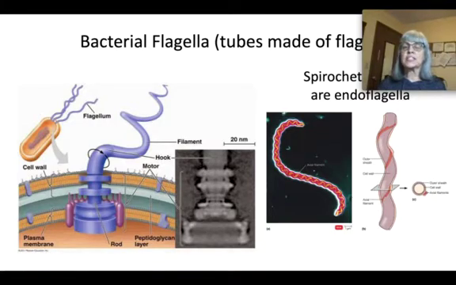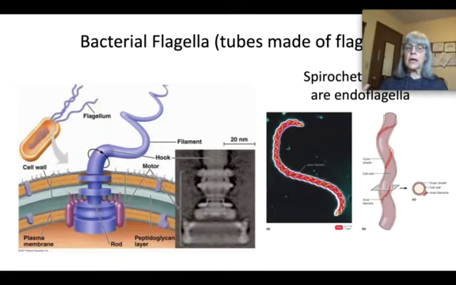Instead, their flagellum wraps around the body of the bacterial cell, and it's covered by an outer sheath. When the body of the bacterial cell constricts, it will exert a force on that endoflagella, or another term is axial filament.